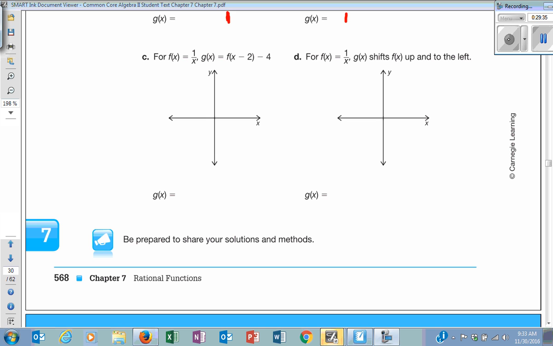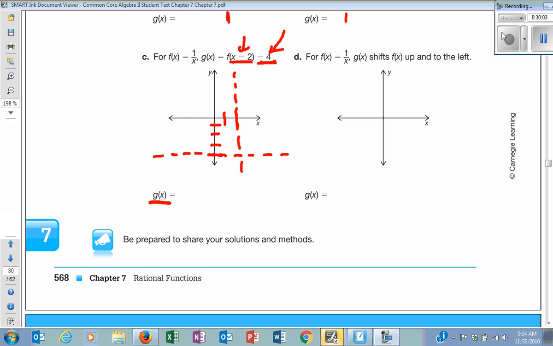These last ones, all you have to do is, if it's asking you for f of x, and it says I want you g of x to look like this, this moves it the opposite way, this moves it up or down, left and right. So this actually moves it to the right too, is my vertical asymptote. This moves my horizontal asymptote down 4, so I know my picture is going to look like that.